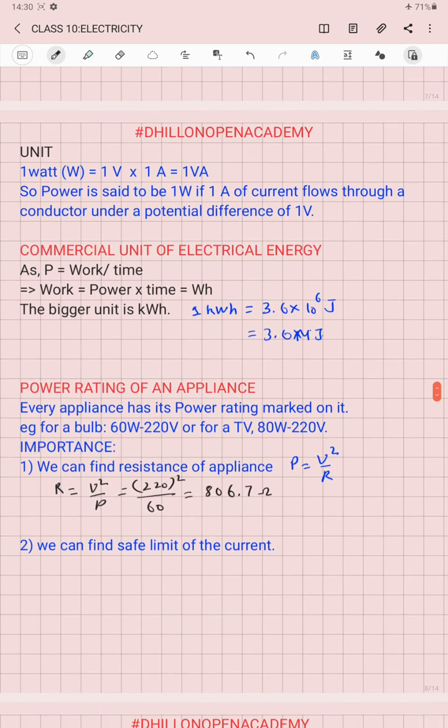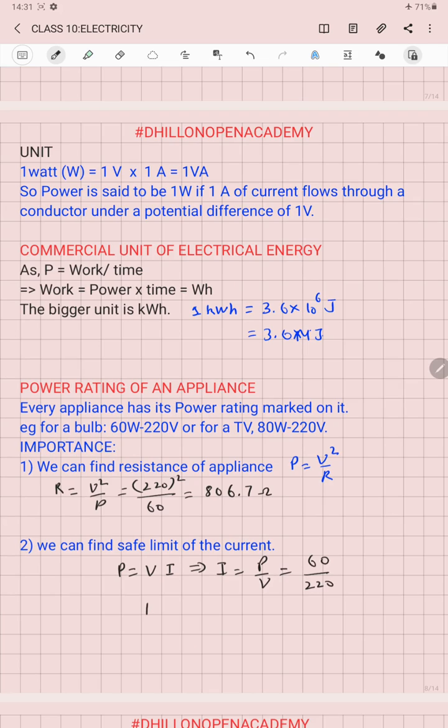The second thing we can find from the power rating is the safe limit of the current. That means the maximum current up to which the bulb is going to operate without any problem. We know that power is equal to voltage into current. So current will be equal to power divided by voltage. The bulb power is 60 watt operating at 220 volt.